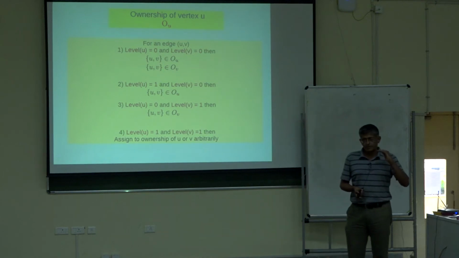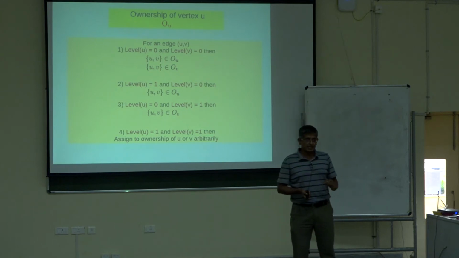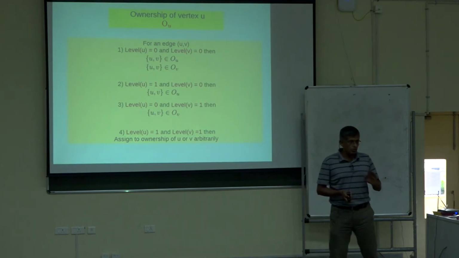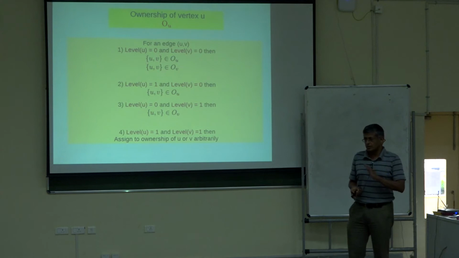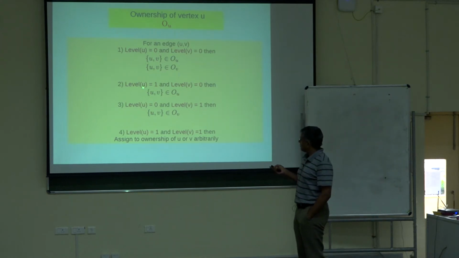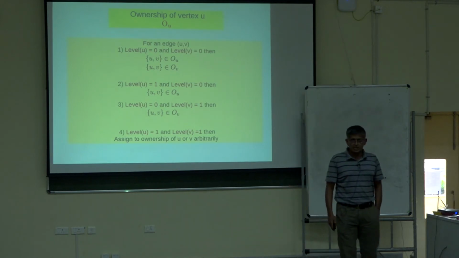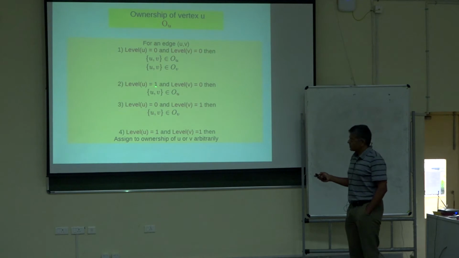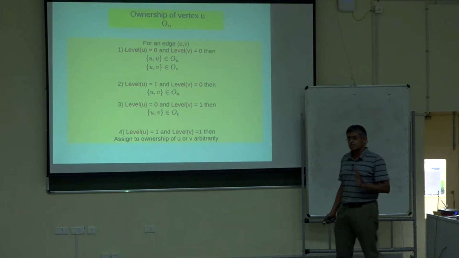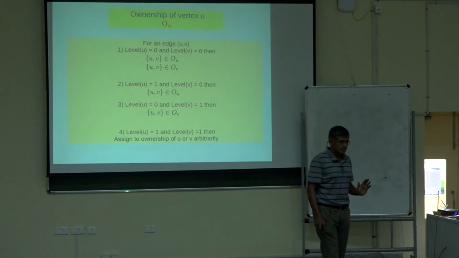Vertices will be in two layers. The edges being presented will be owned by both endpoints if both are at level 0. If one of the endpoints is at level 1, that vertex is going to own the edge. And what does ownership basically mean? Ownership means that every vertex will try to search its ownership list for a partner to get matched.